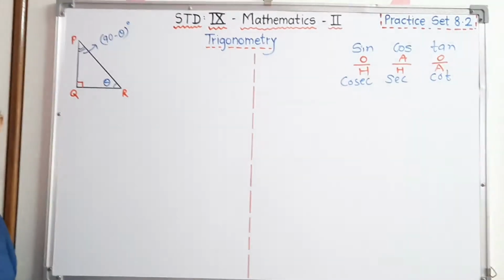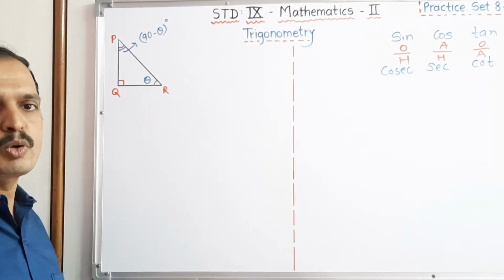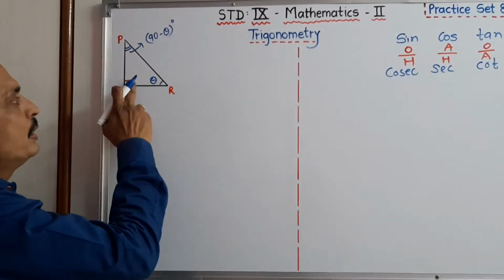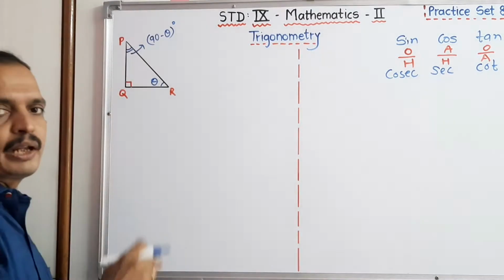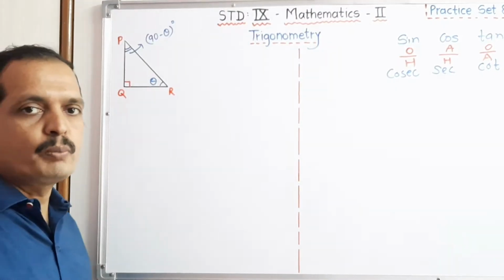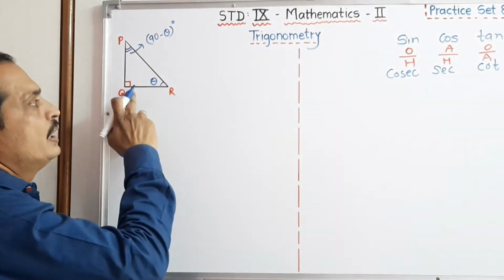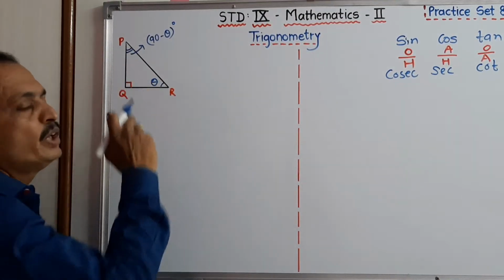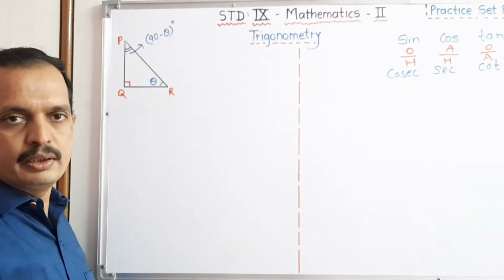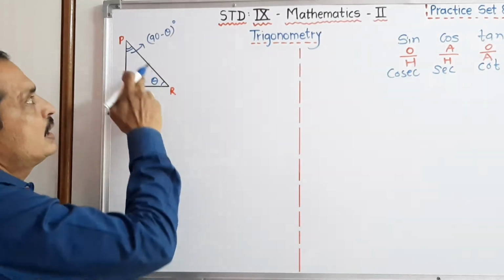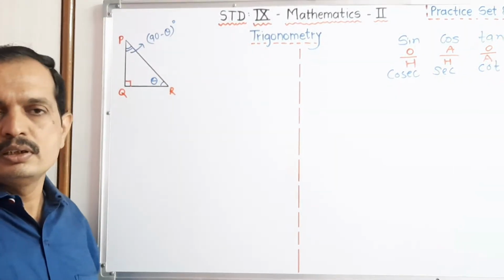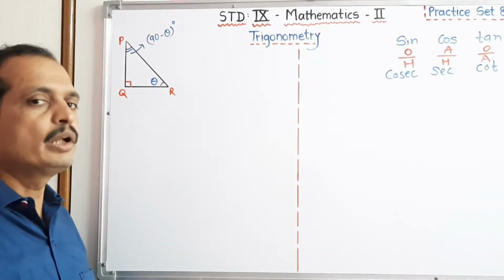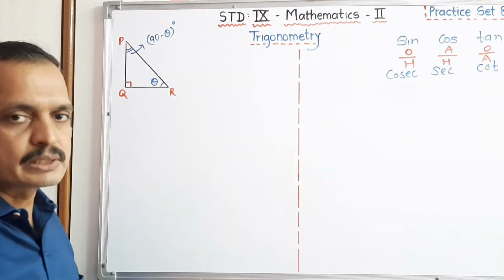Isn't it? Because by using the angle sum property, the sum of all the angles of a triangle is 180. Out of that, one is 90 degree, and therefore the sum of the remaining two is 90 degree. And one is theta, therefore the other one is 90 minus theta degree. I have already explained this in the previous lecture.